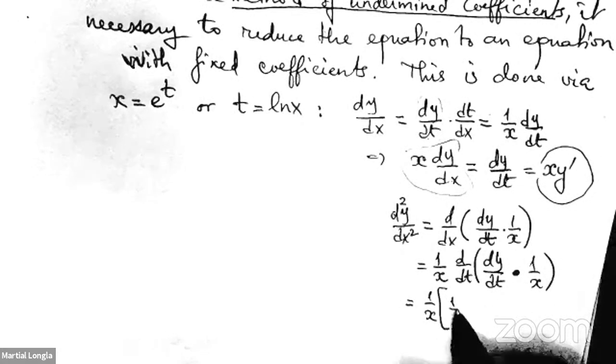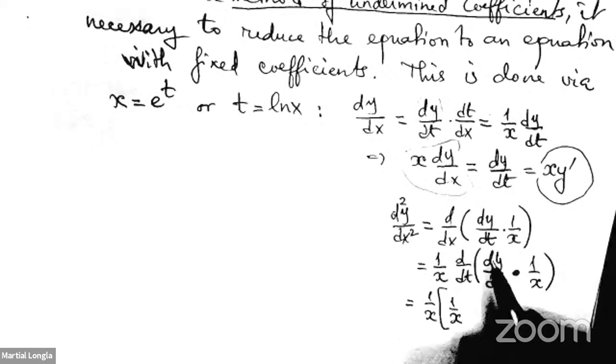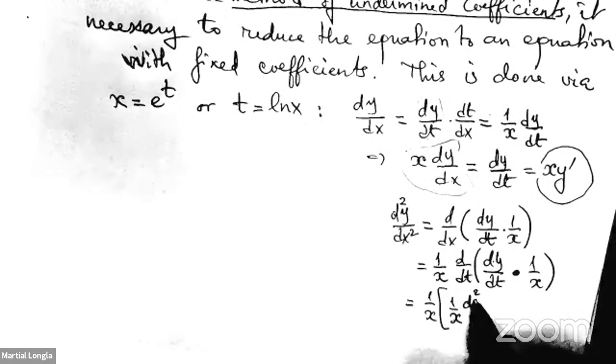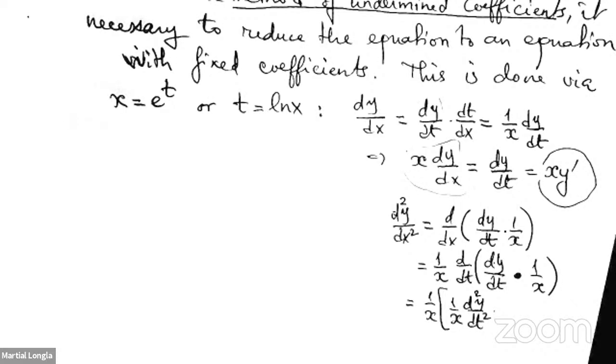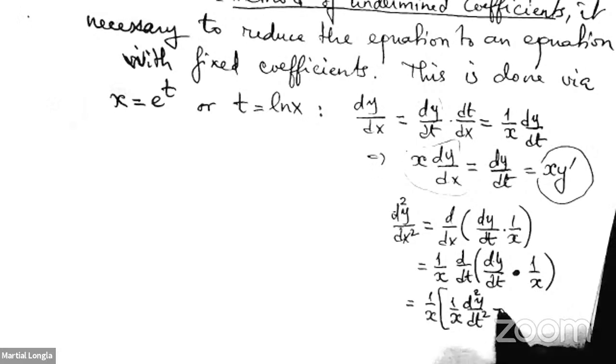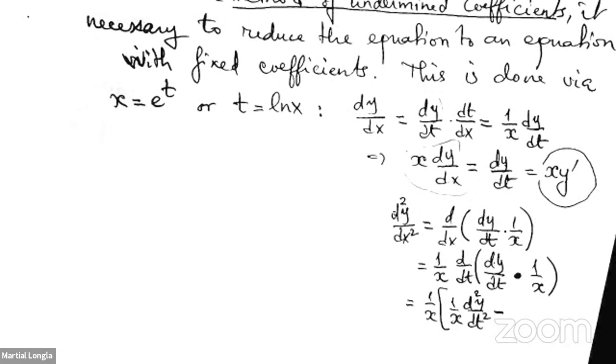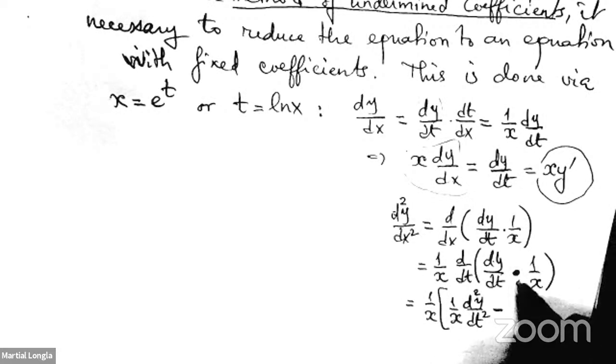That's 1 over x times the second derivative of y with respect to t, plus the derivative of 1 over x, that's minus the derivative of x with respect to t.